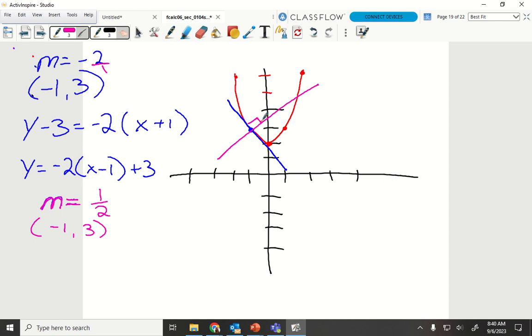I'm going to put a little box right there to show that it creates a 90-degree angle to my tangent. And my equation? Write out your equation. What's the equation for this one going to be?